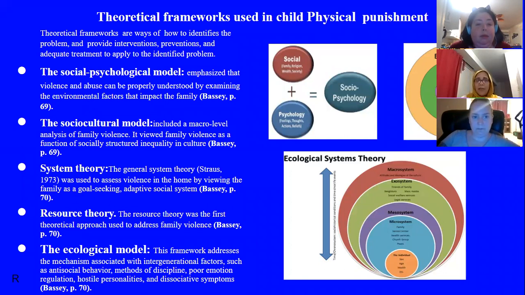The second one is the sociocultural model, which includes macro level analysis of family violence as well. The third one is systems theory, a general systems theory used to assess violence in the home, also by looking at the family.